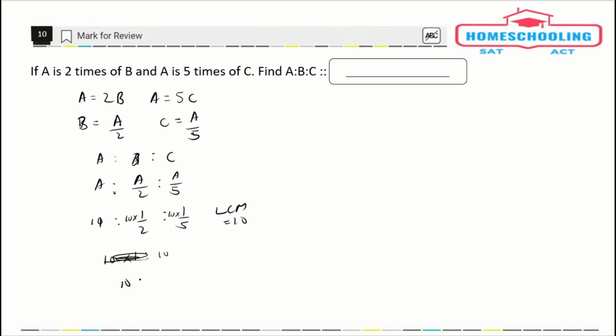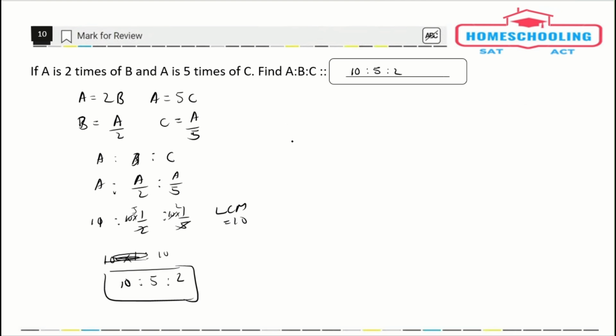So this would be 10 is to, this will go 5 times, so 10 is to 5, and this will go 2 times. So this is your answer, 10 is to 5 is to 2. So you have to type here 10, 5, 2 by using your keyboard.